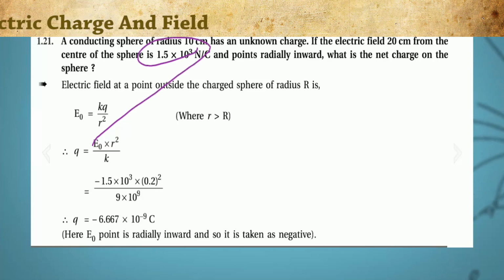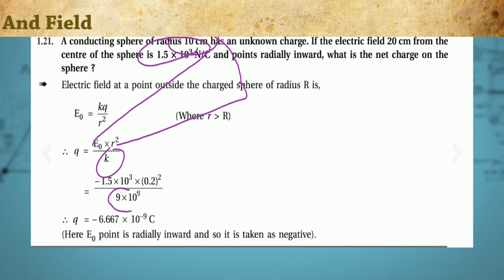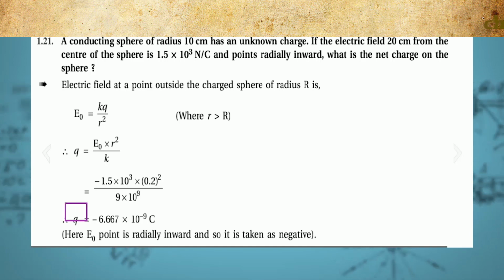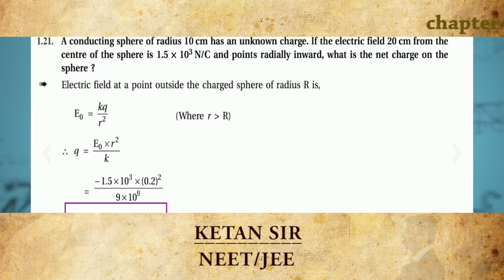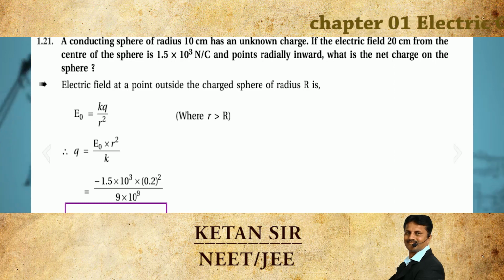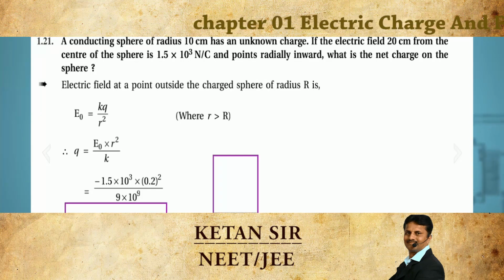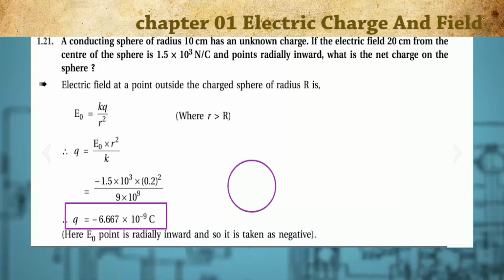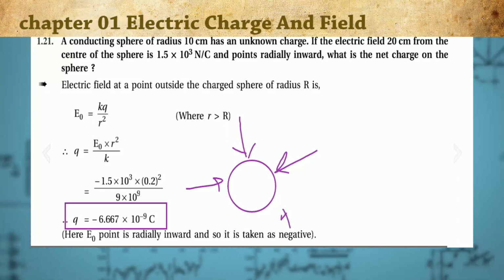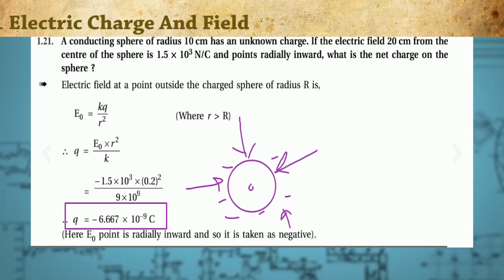The value of E is this, the value of R is 10 centimeter, and the value of k is 9 into 10 raised to 9. After calculation, we get Q is equal to minus 6.667 into 10 raised to minus 9 coulomb. The negative charge indicates that the electric field lines are inward. If electric field lines are inward, then the charge on the sphere is negative. Very simple question.